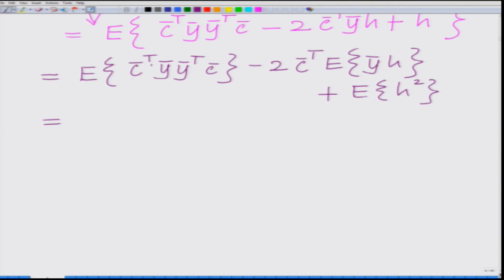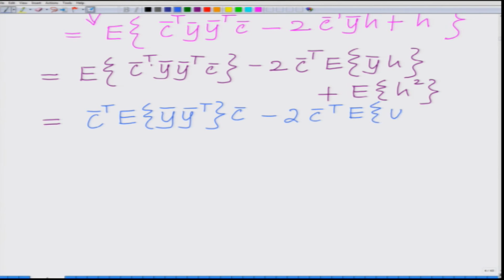Now, we can further take this expectation operator inside, this is C bar transpose expected value of Y bar Y bar transpose C bar minus twice C bar transpose expected value of Y bar H plus expected value of H square.